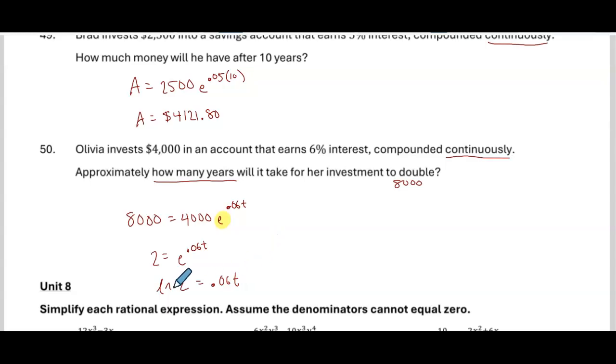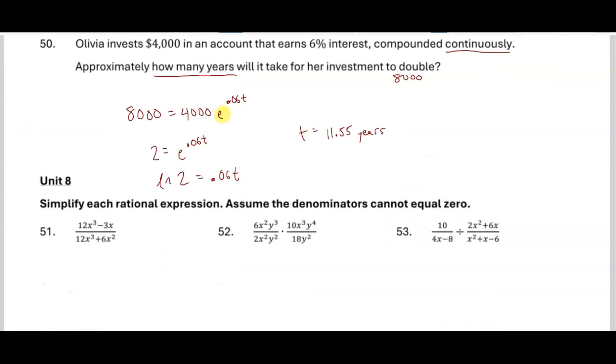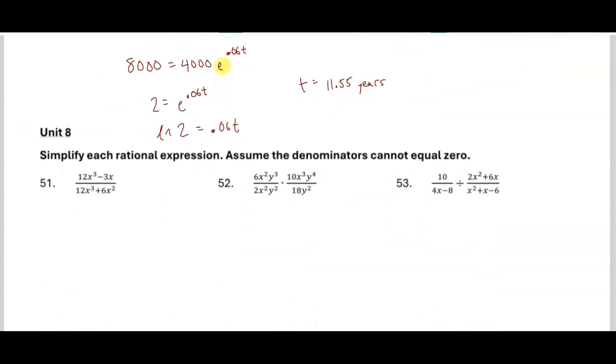Alright, well, natural log 2, just type it up on your calculator, divide by 0.06, you should get t equals 11.55 years. Not 54. 11.55 years. Okay, simple enough. Move on to number 51.